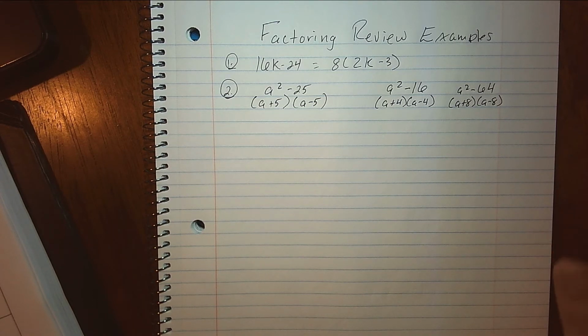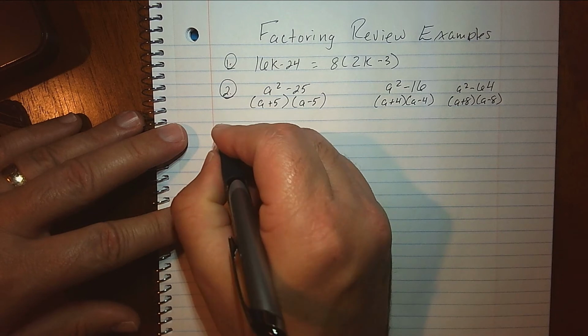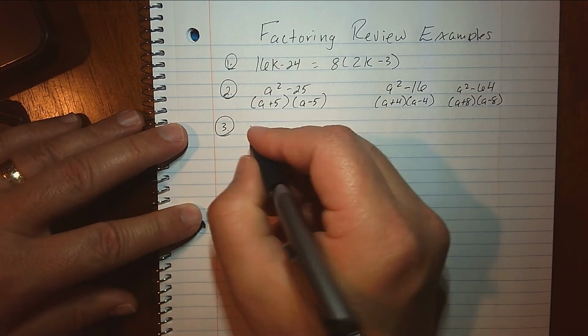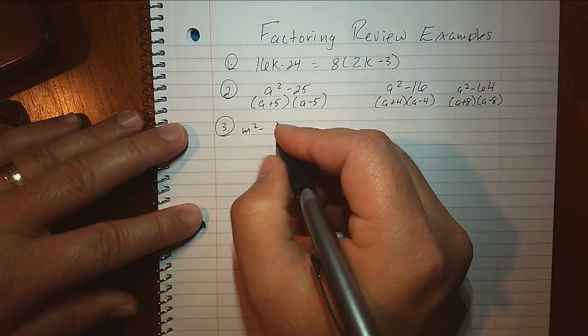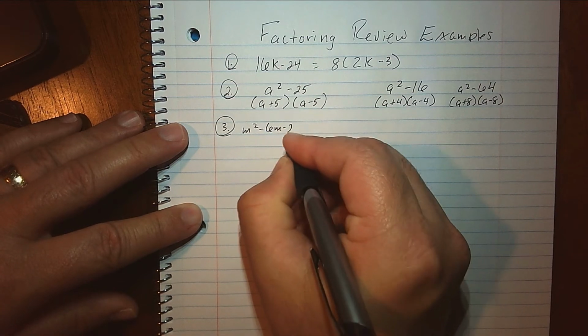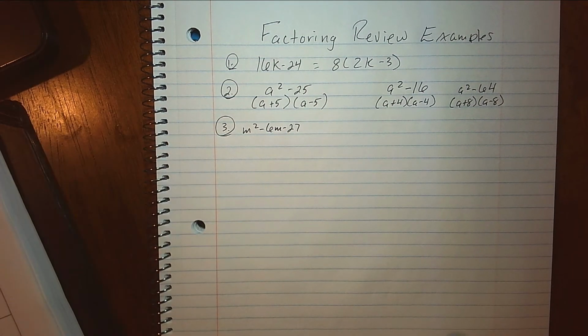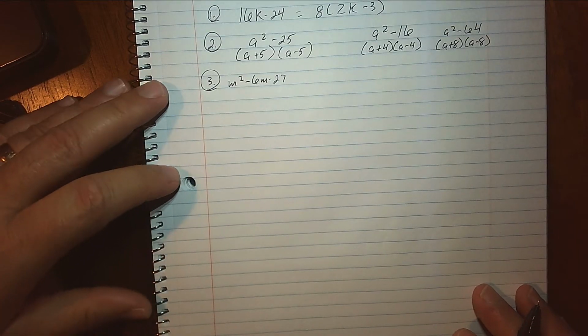So let's look at a basic trinomial. If I've got m squared minus 6m minus 27. Now remember, you can pause this video and try these on your own and then hit play and see if you did it correctly.